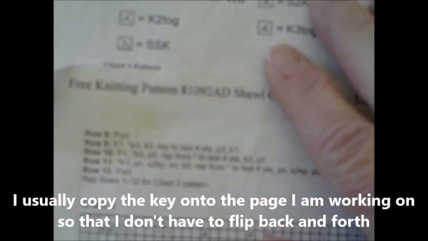So I'm going to slide this up so we can see our key right here and refer to that. We're going to look at row 1, which again is our right side. And this is a smaller chart, so it's hard to see, but there are 2 dots, which indicate on the right side that these are going to be 2 purl stitches.